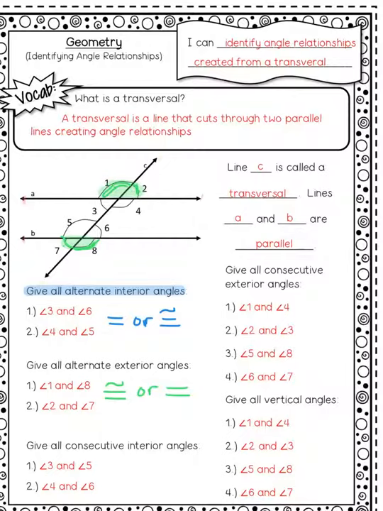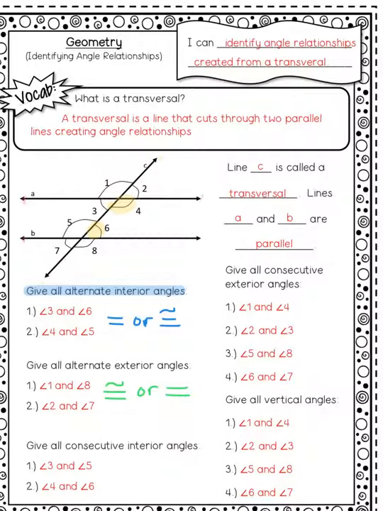The next kind of angles that we're going to look at is the consecutive interior angles. Consecutive means one after the other. So the first pair of angles that I want to look at is going to be angle 4 and angle 6. Those are consecutive interior angles.